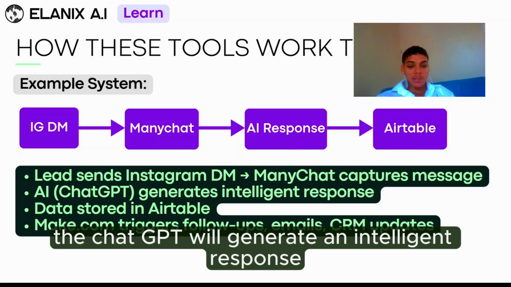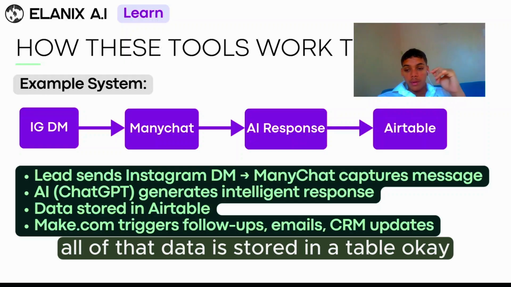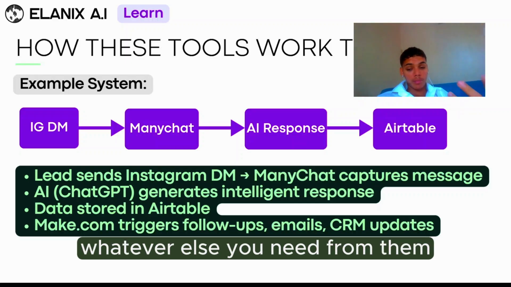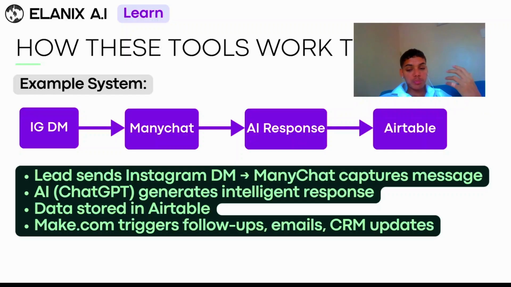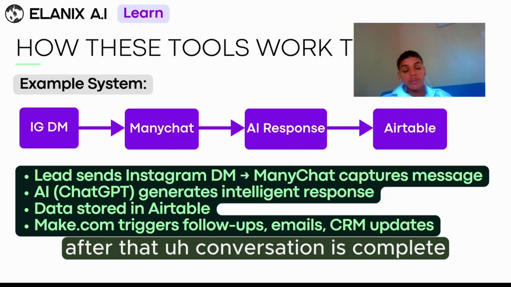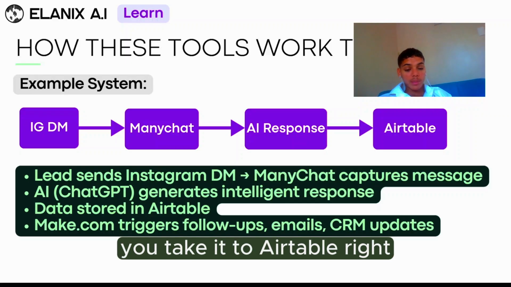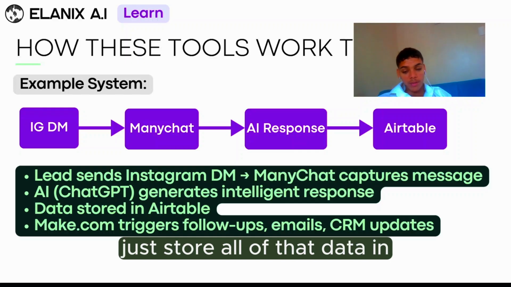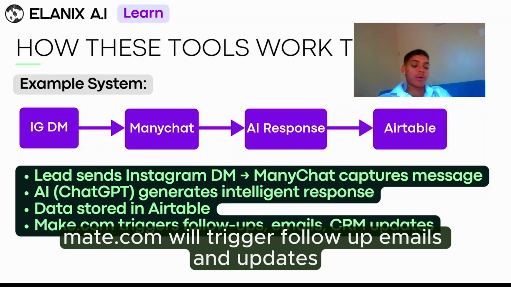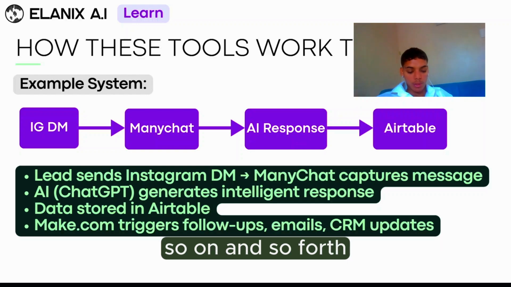AI, the ChatGPT, will generate an intelligent response. All of that data is stored in Airtable, along with their email, their phone number, whatever else you need from them, whether it's pictures, their questions. After that conversation is complete, you take it to Airtable to store all of that data in. And then our automation, Make.com, will trigger follow-up emails and updates, and so on and so forth.